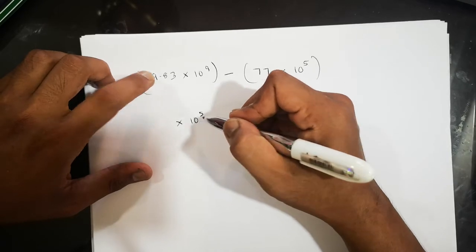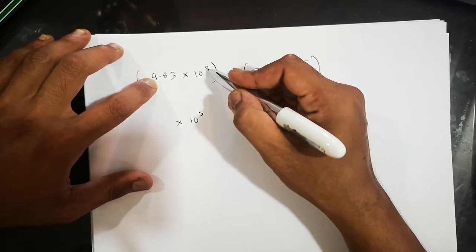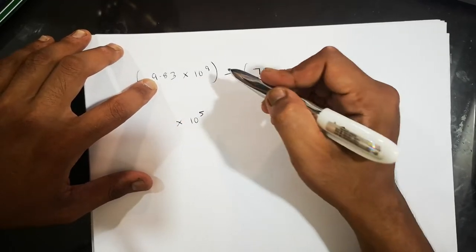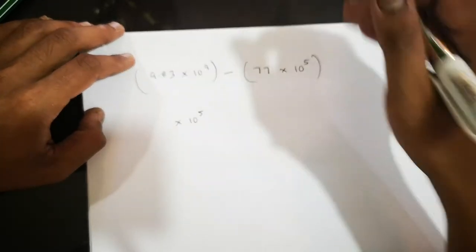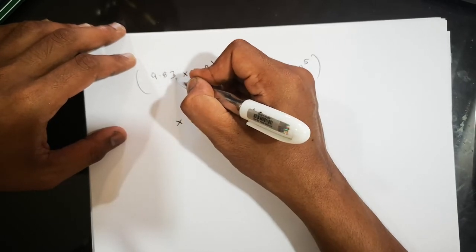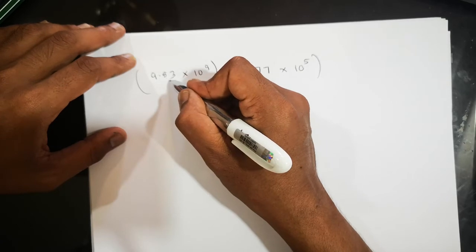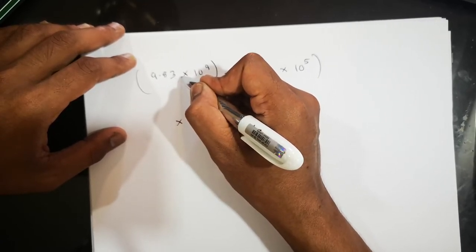Because this becomes smaller, this becomes bigger by how many steps? By 4 steps. 9 drops to 5 is 4 steps, right? So this one also must go up by 4 steps. Means multiply by 10 four times: times 10, times 100, times 1000, times 10,000.